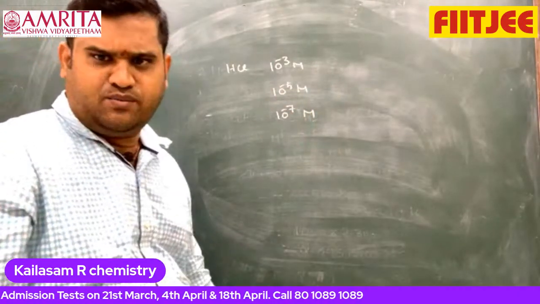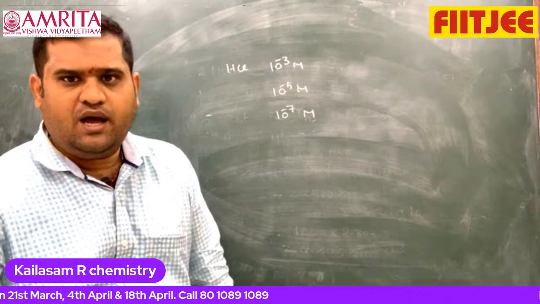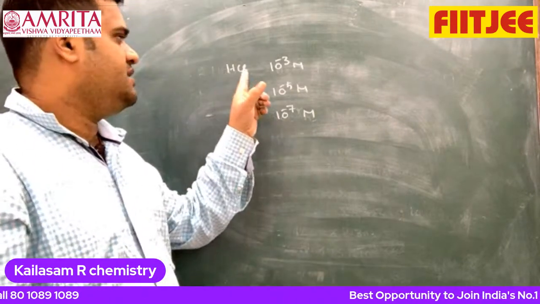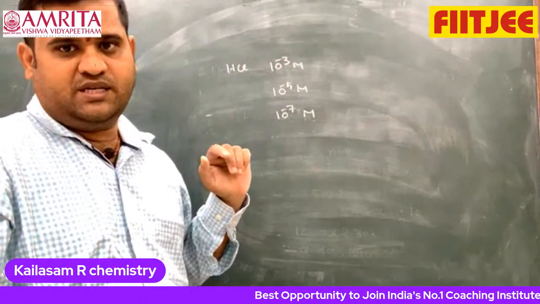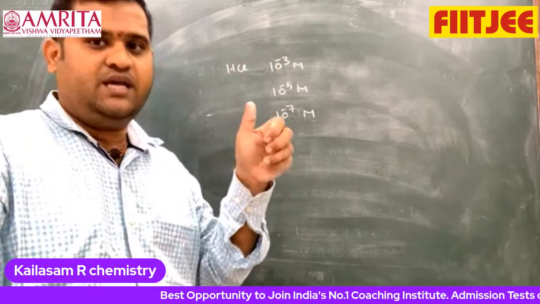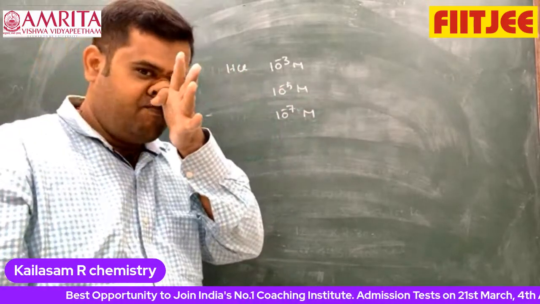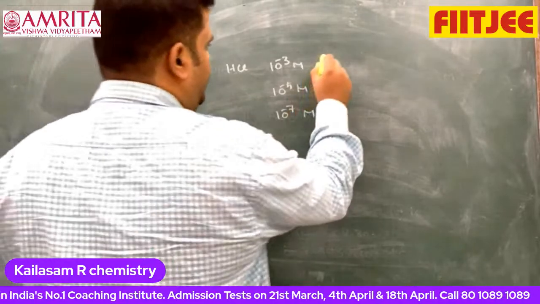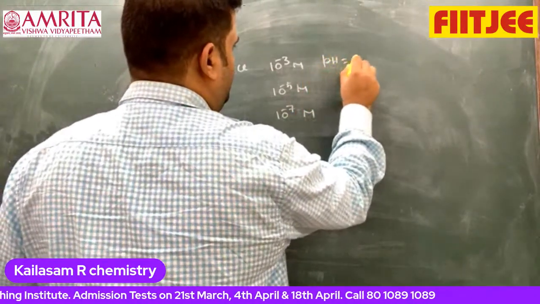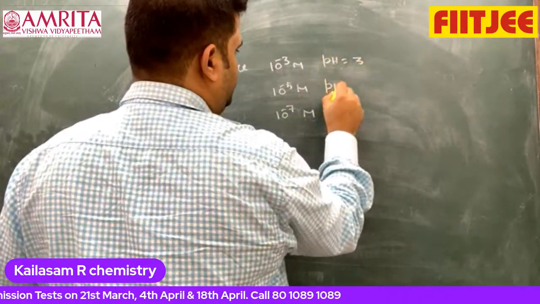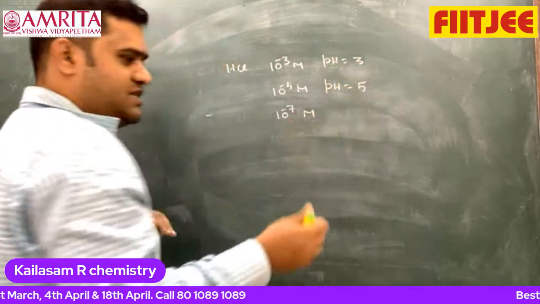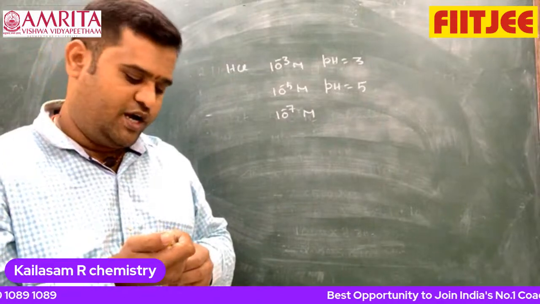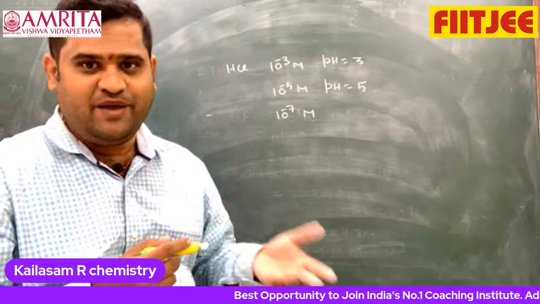This is HCl at 25 degrees Celsius, aqueous HCl, and one more thing, pH is only applicable to dilute solutions, because they have to give H plus here, right or not? Now, you can say that here pH is equal to 3, here pH is equal to 5. Can we write that the pH of 10 power minus 7 molar of hydrochloric acid is 7? Can we make this statement?